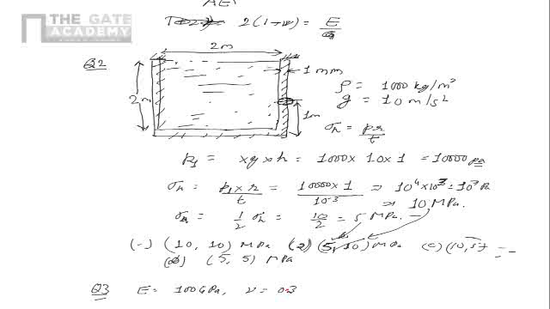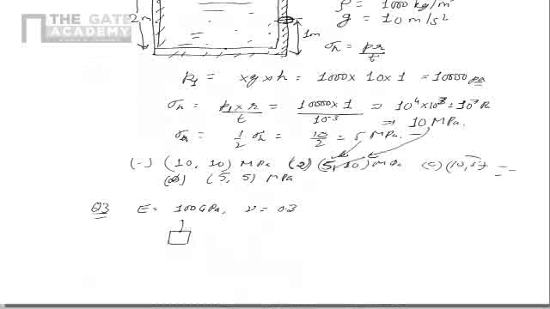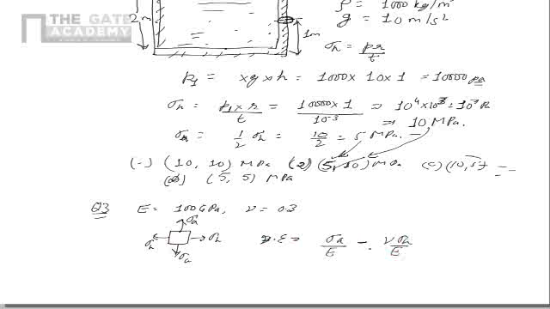Let's take a simple element. So this is the axial direction, this is sigma A and this is sigma hoop for this problem, correct? So in this case we know that the axial strain epsilon will be equal to sigma A upon E minus nu sigma H upon E. That's the value of axial strain.